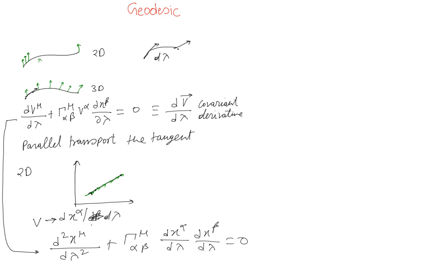So I've just replaced v by the tangent vector. Now this is not going to hold true for any kind of vector, any kind of curve. It's going to only hold true for certain curves, and these curves are called geodesics.